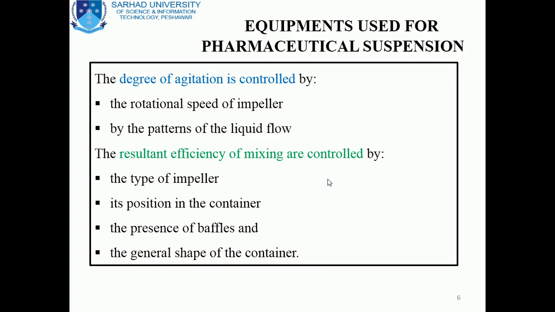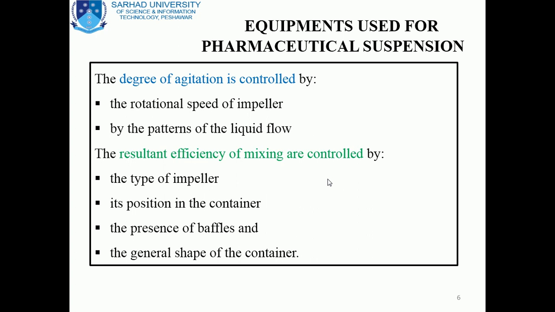The degree of agitation in the mechanical stirrer is controlled by the rotational speed of the impeller and by the patterns of liquid flow.